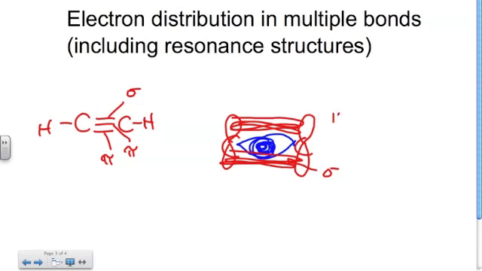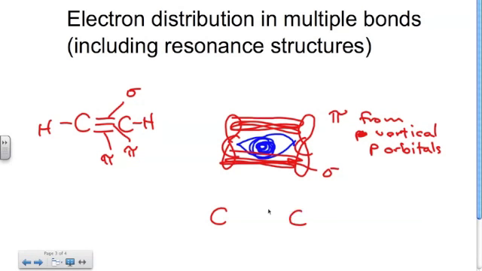That would be the pi bond from the vertical p orbitals. Now I'm going to restart, but imagine these two things existing together. So you've got the sigma, and you've got pi bonds from that first set of p orbitals.